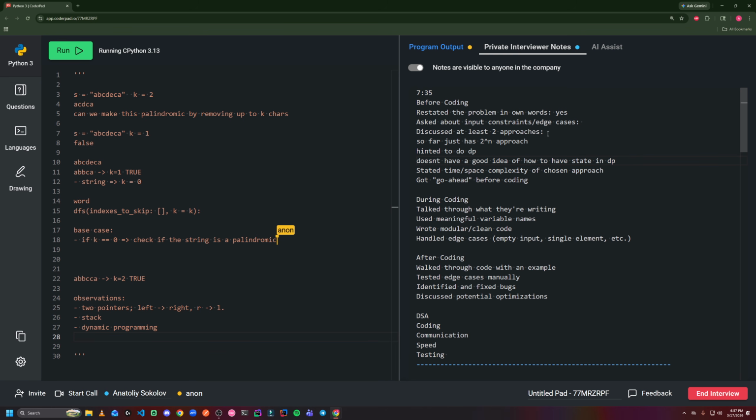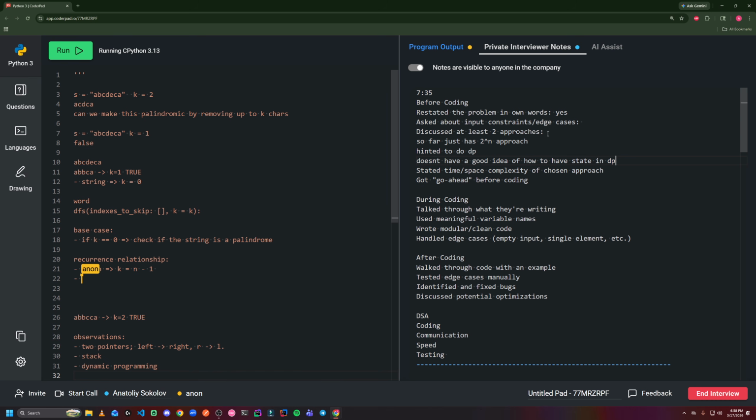And then the recurrence relationship: I basically want to go from k equals n to k equals n minus 1 on each step, or something. And I think basically I can just add a new index to the indexes to skip.